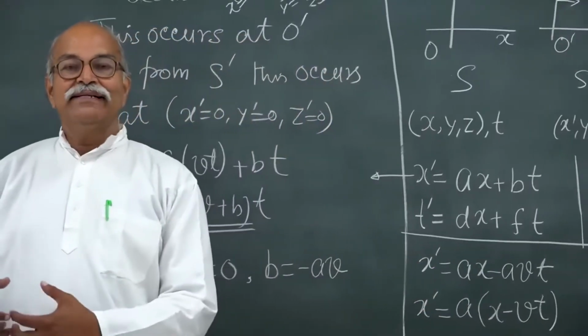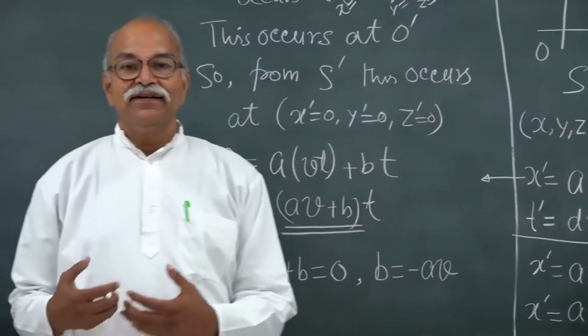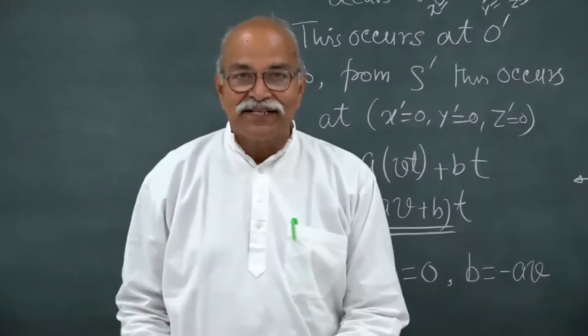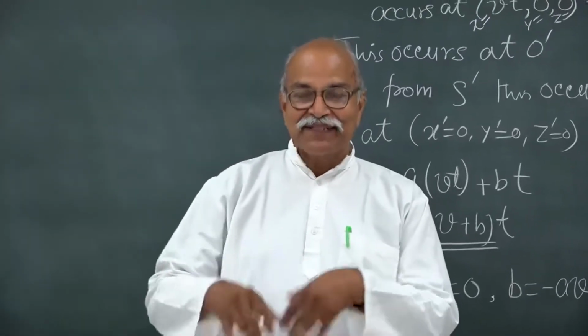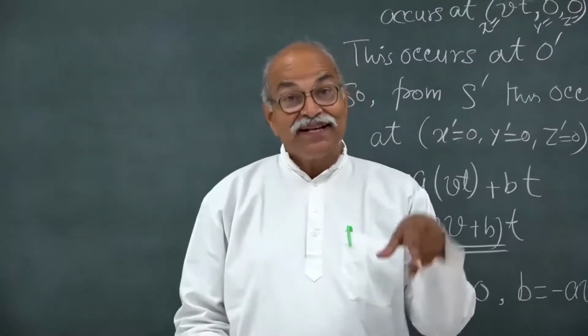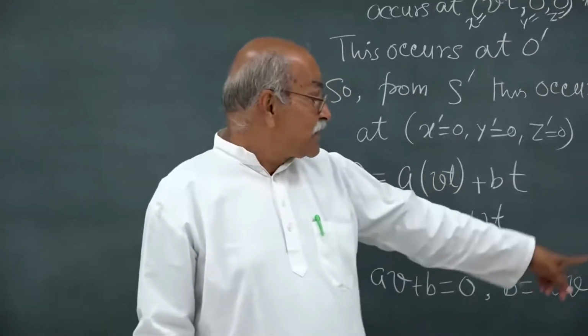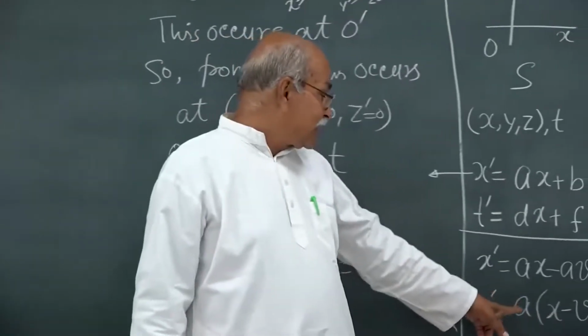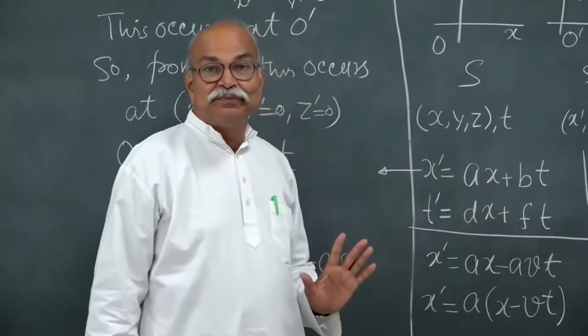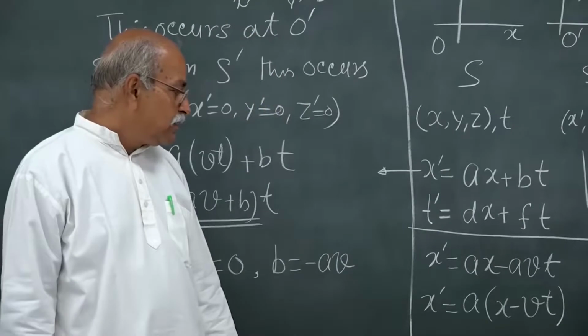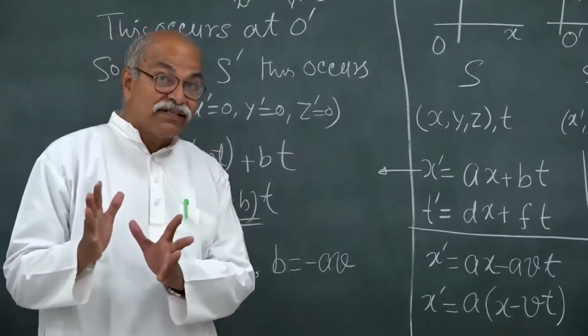Now, I take other events, 3 events in fact I will be taking, one phenomenon but 3 events, and from there I will get more equations to get the actual values of a and also d and f. So, now I will take 3 more events.